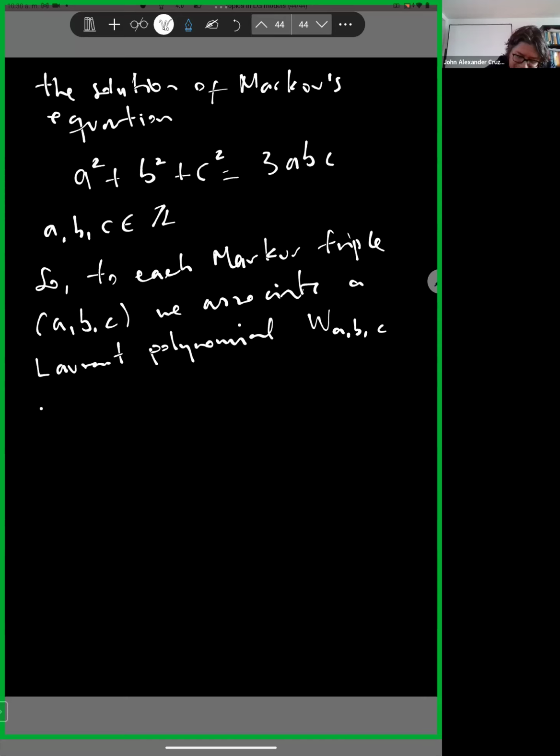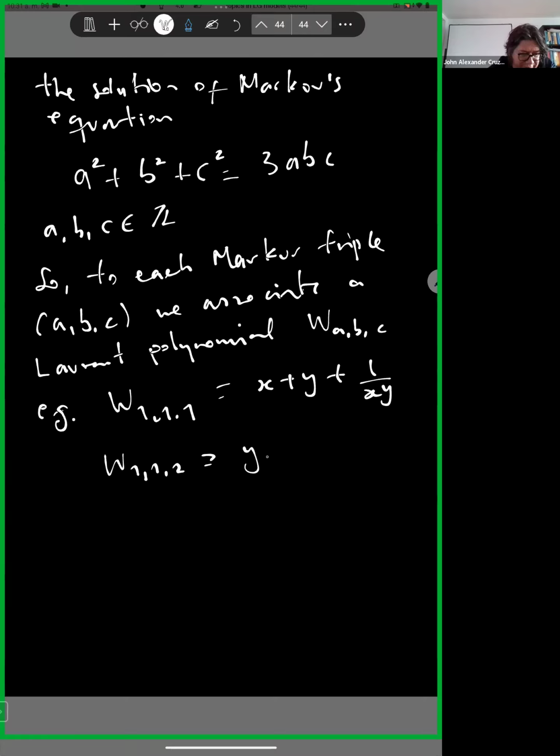So for example, for the solution 1, 1, 1, we have the Laurent polynomial x plus y plus 1 over xy. And for the solution 1, 1, 2, we get this Laurent polynomial. So this is really interesting, that the Markov equation actually appears in this context.